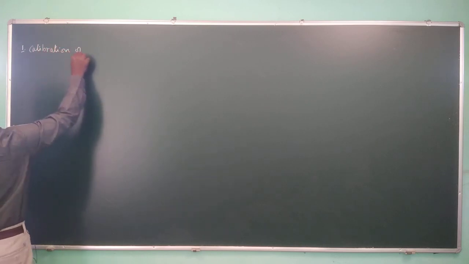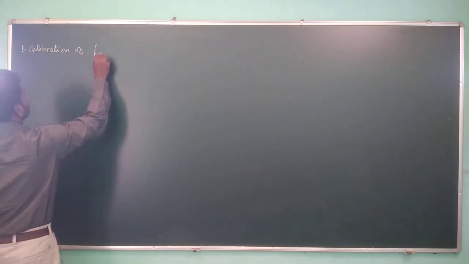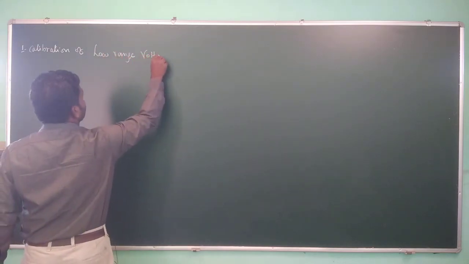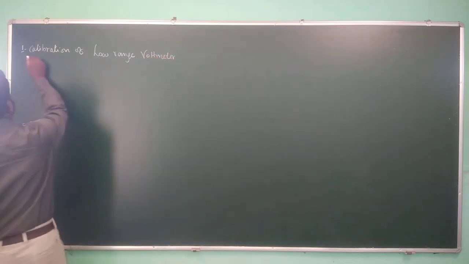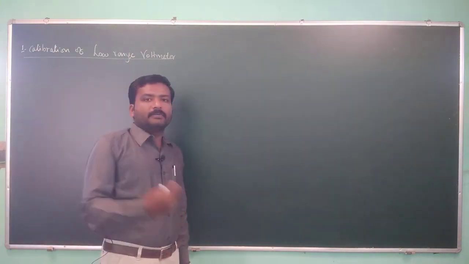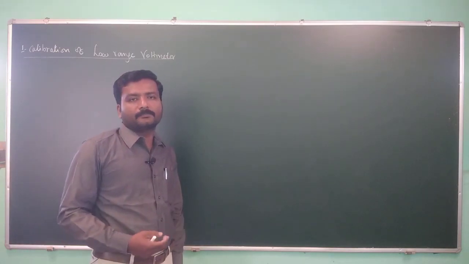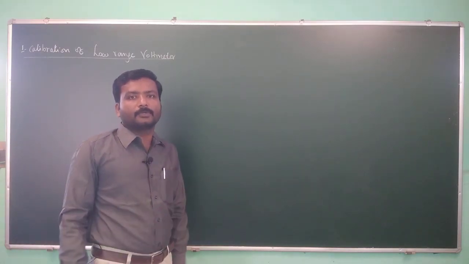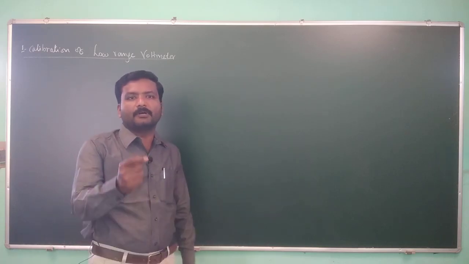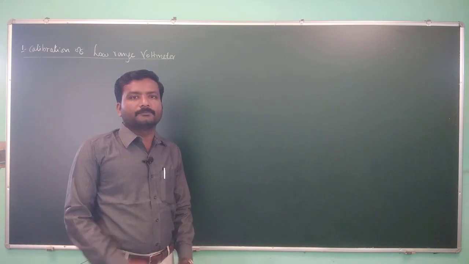First topic is calibration of low range voltmeter. How to do that? In the previous lecture, we discussed how to calibrate the low range ammeter using potentiometer, and we discussed the experimental procedures and gave a simple formula to estimate that value.